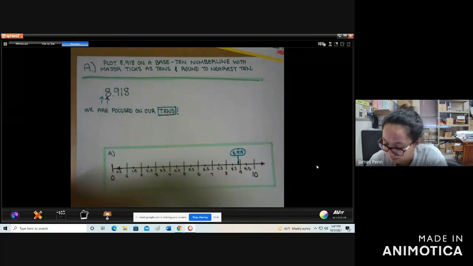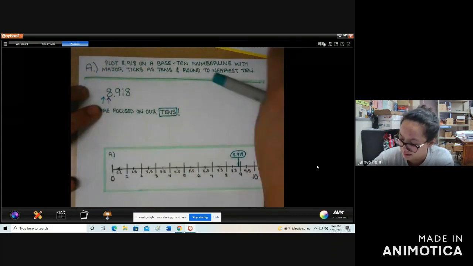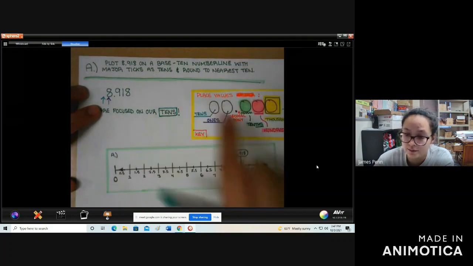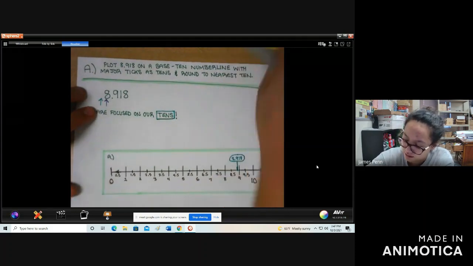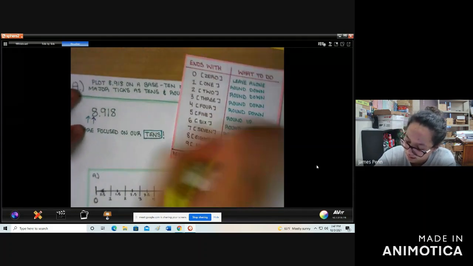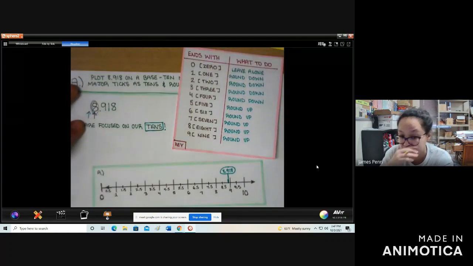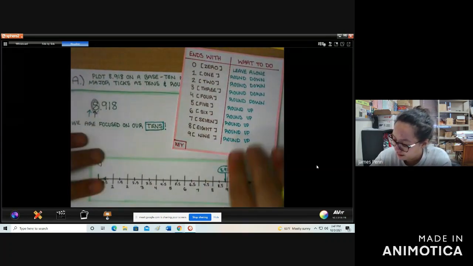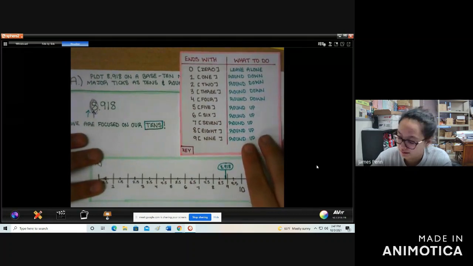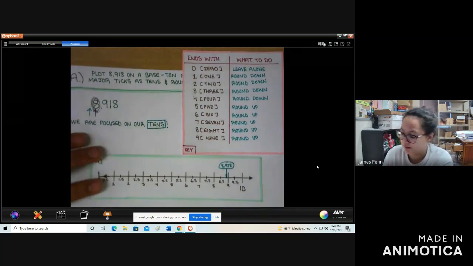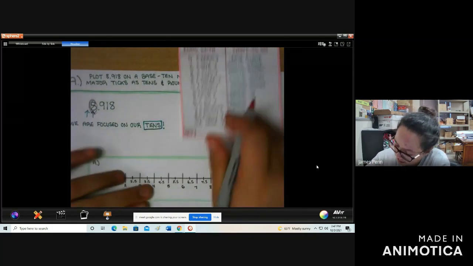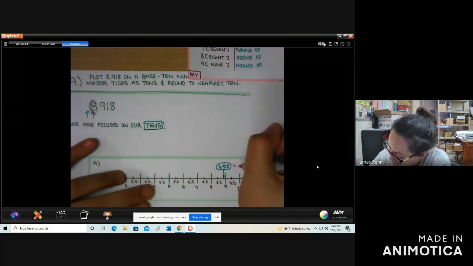And since we're focused on rounding to our tens right here, then we'll be focused on our digit in the ones. And our digit in the ones is an 8. 8 gets rounded up. So we have 8.9 rounded to tens equal to 10.